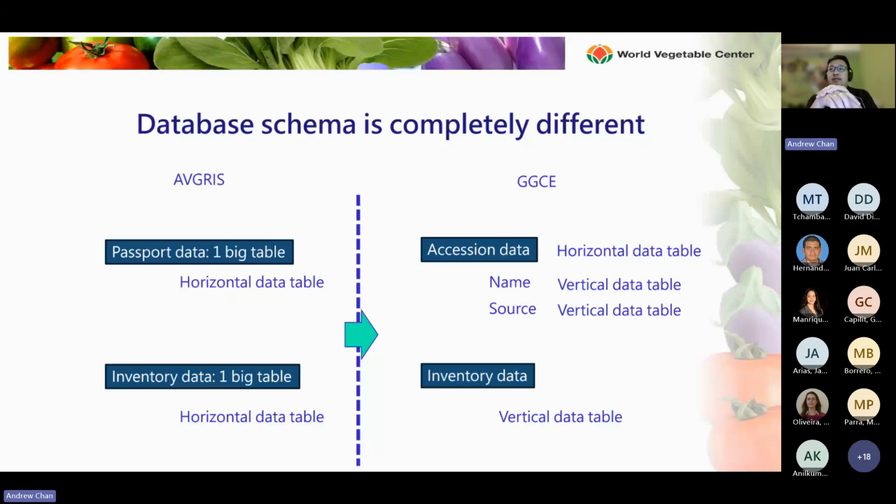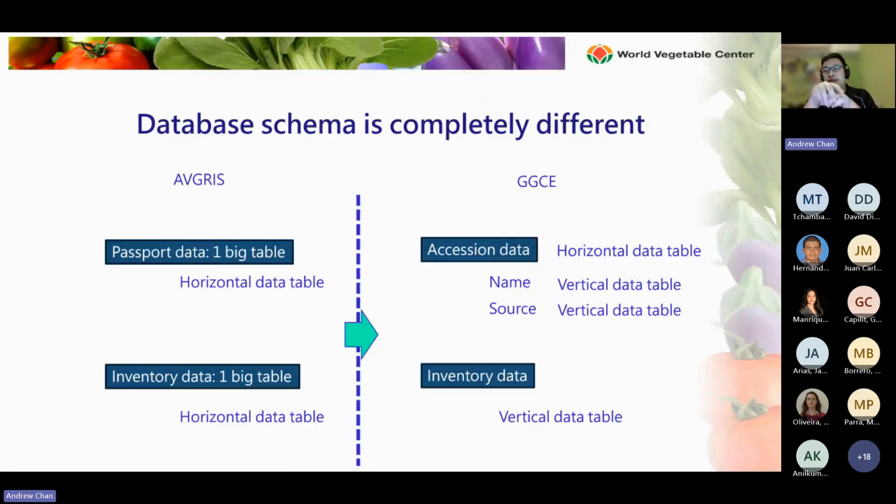I would say, luckily or unfortunately, Evergrid's database was not that well standardized. If you are database guys, you will know what I mean. So many tables in Evergrid are horizontal tables. It is a very wide table. If you want to add something, you have to add a column in the database.